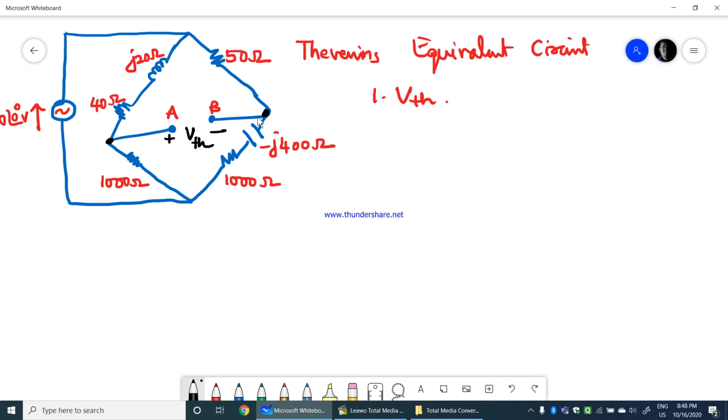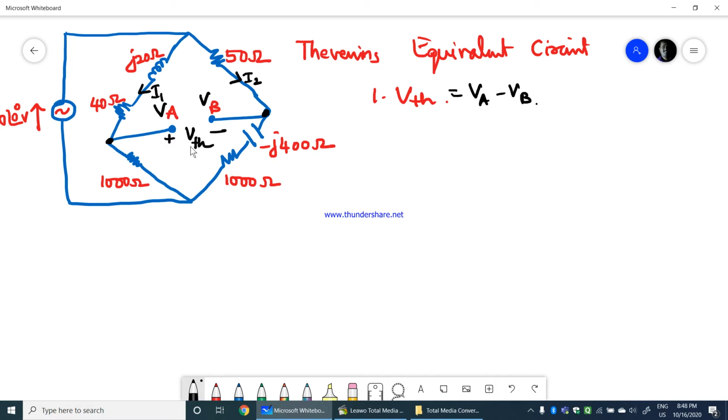Therefore, what would be the current flowing through this loop and through this loop? We'll take this as I1 and this as I2. We need to find out the currents, and then we'll see VA and VB, because VTH would be equal to VA minus VB.